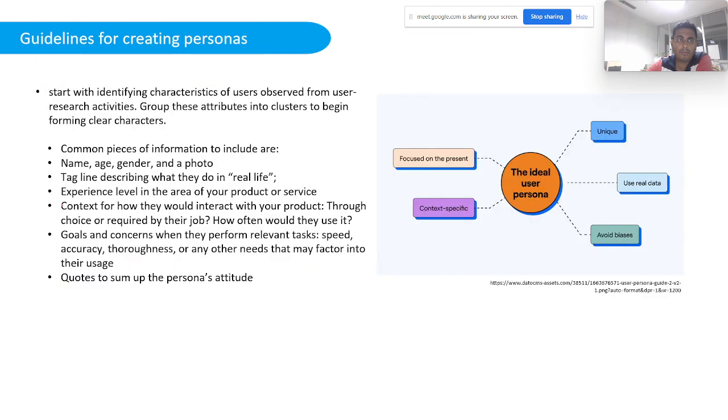So we need to know how to create personas first. When we create an ideal persona, the very first thing is that we focus on the present. We try to see what that particular user profile or stakeholder group is presently facing, instead of bringing our own judgments or our own perspective.